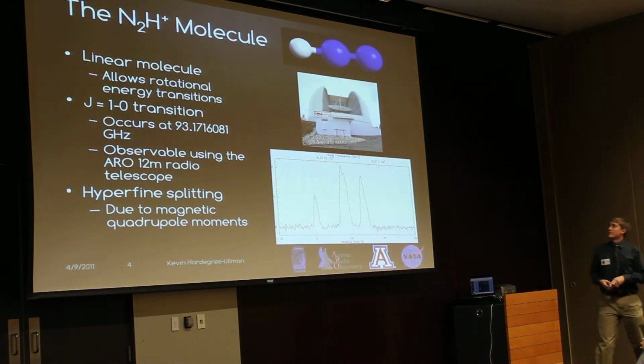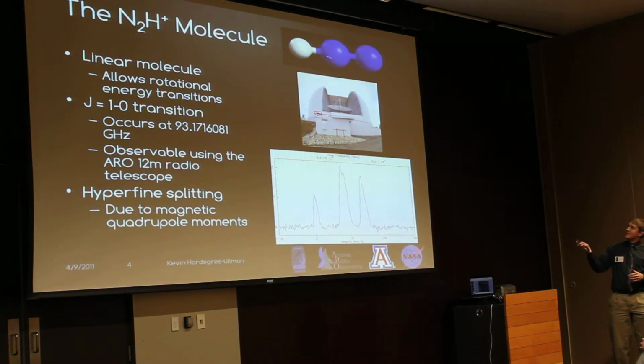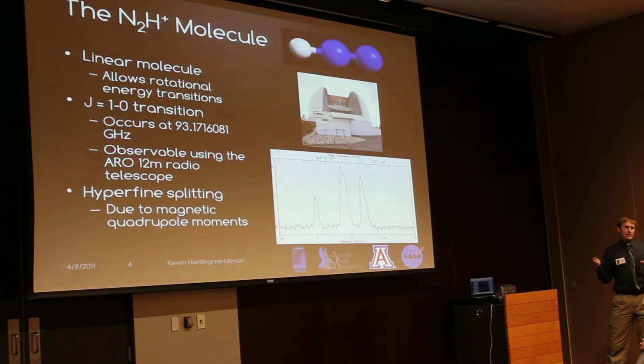So the N2H plus molecule, this would have been another super awesome animation up here. This is what the N2H plus molecule looks like. It's a linear molecule consisting of 2 nitrogen atoms and a hydrogen atom. And since it's a little bit skewed how it's set up, it allows it to rotate.